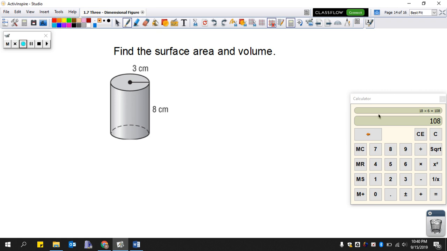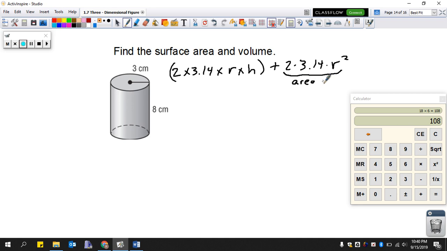To find the surface area of a cylinder, it's 2 times 3.14 times the radius times the height, plus 2 times 3.14 times the radius squared, or this is the area of the base. That's the area of the base.